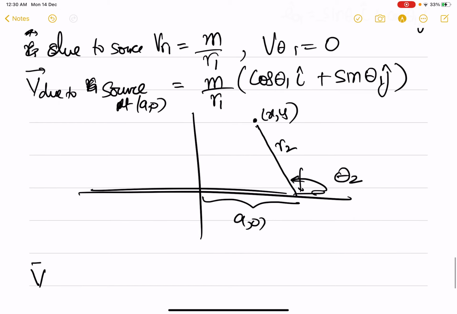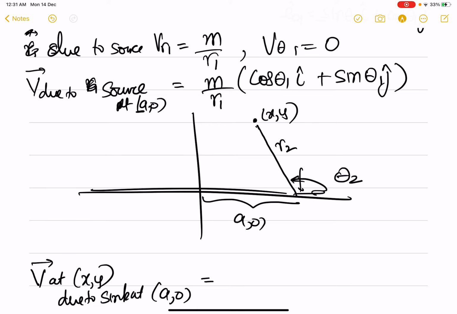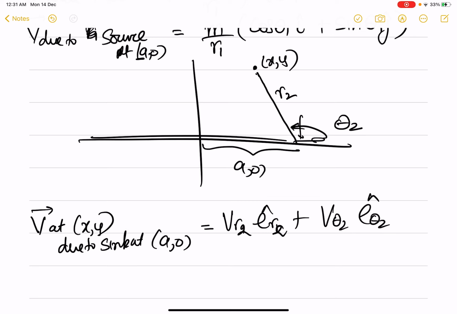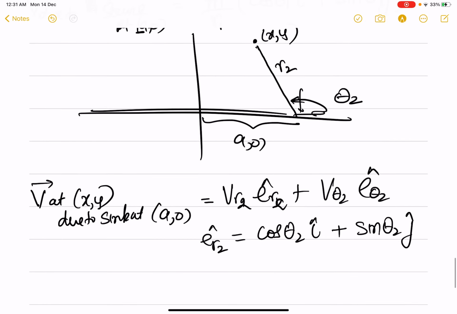So now the velocity at x y due to the sink at minus a comma 0 will be equal to VR2 ER2 plus V theta 2 E theta 2, and ER2 will be equal to cosine of theta 2 i plus sine of theta 2 j, and E theta 2 will be equal to minus sine theta 2 i plus cos theta 2 j.